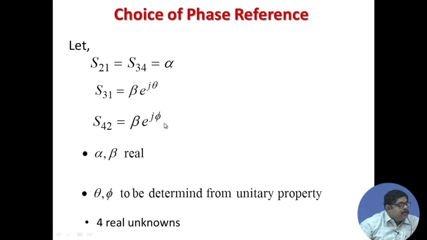That is why we are taking that both of them have beta, but their phase is different, e to the power j phi. So, now how many unknowns are we remaining with? Alpha, beta, 2 real unknowns, and theta, phi, 2 real phase things. So, 4 real unknowns remain for finding any S parameter of a directional coupler.